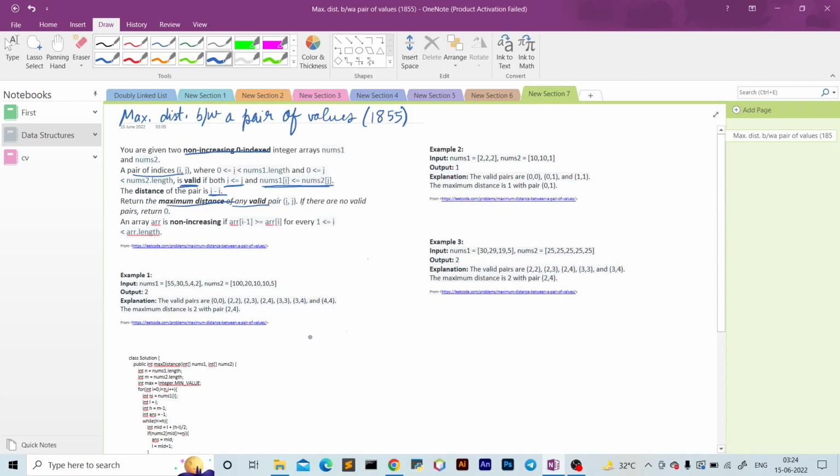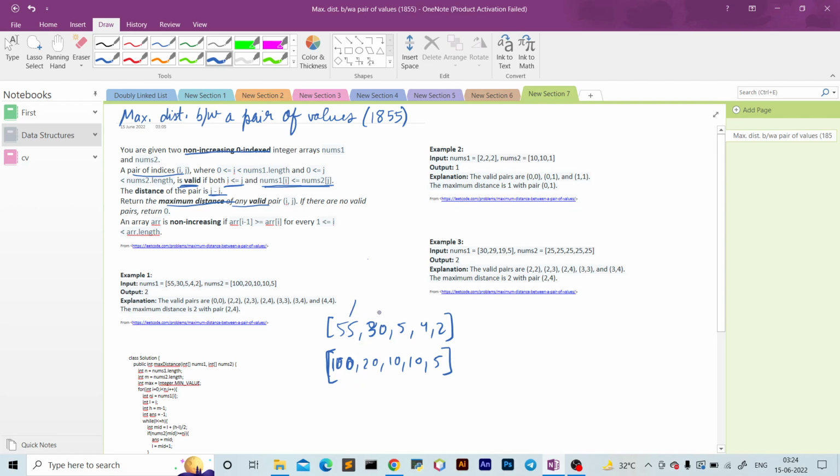Now let me discuss through this example what the problem statement is asking. For this example, nums1 is 55, 30, 5, 4, 2 and nums2 is 100, 20, 10, 10, 5.